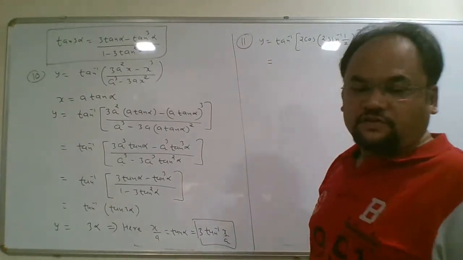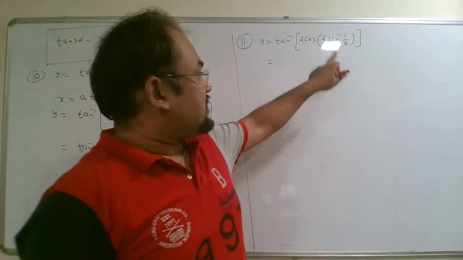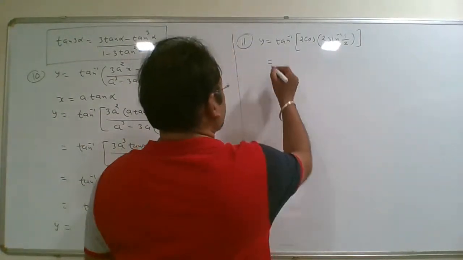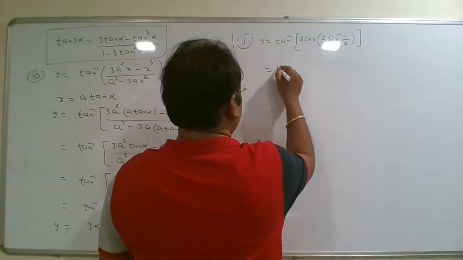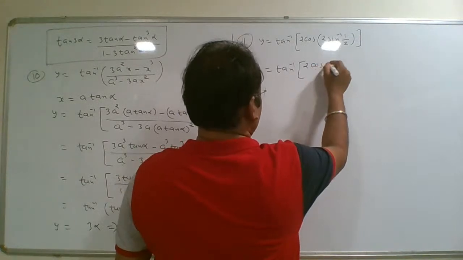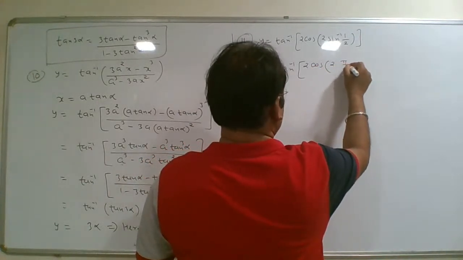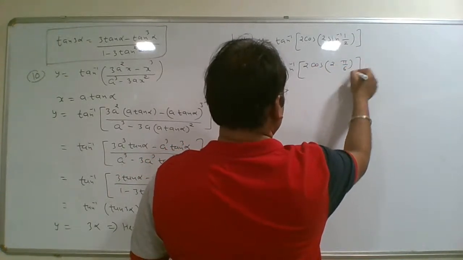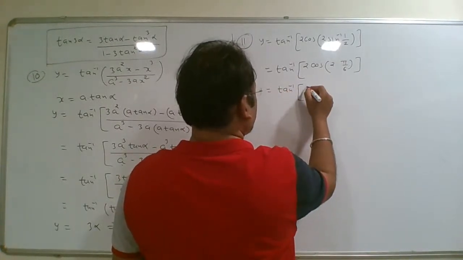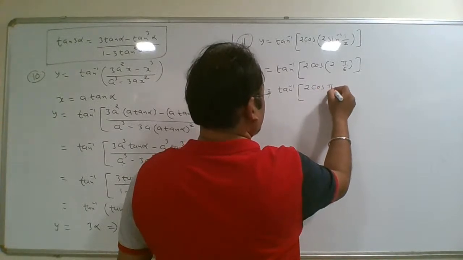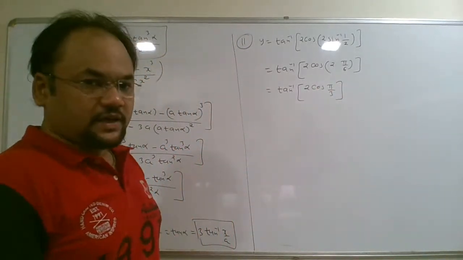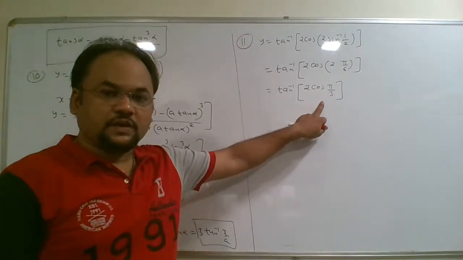This is the easiest question. We can do it orally also. Sin inverse half, sin inverse 1 by 2. 2 cos 2 times pi by 6, sin 30. So tan inverse of 2 cos pi by 3, and cos 60.